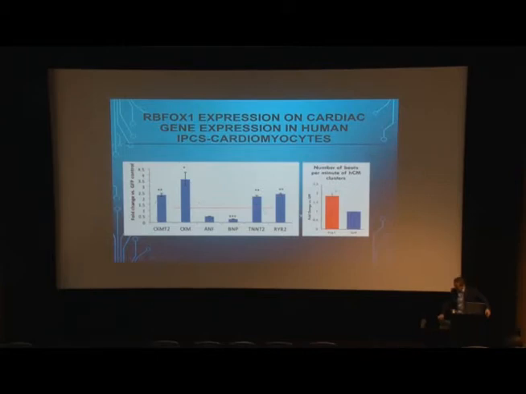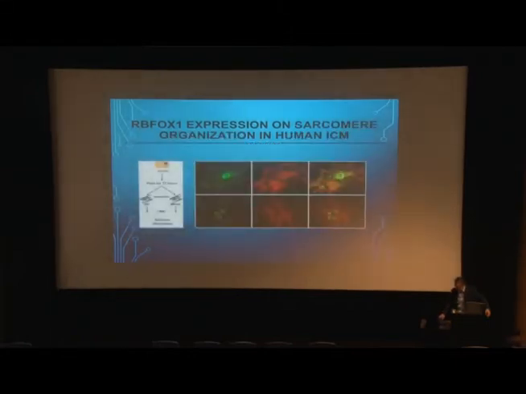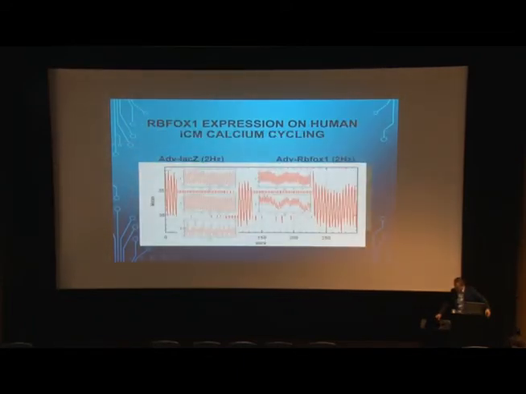And you can see the simultaneous beating rate is a lot more improved. If we look at the structure, they indeed have better sarcomere organization as well as contractility, just like we showed earlier with the imaging analysis.